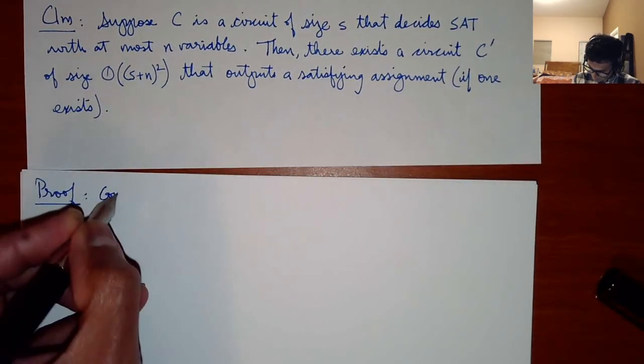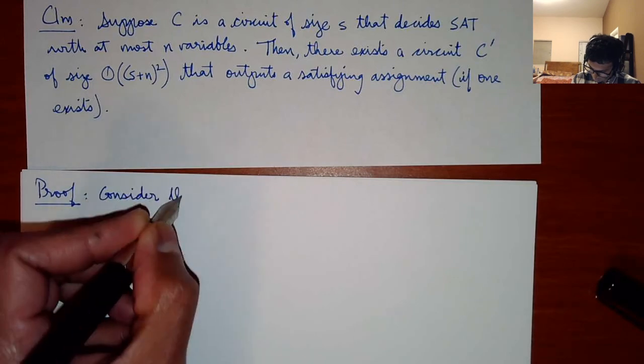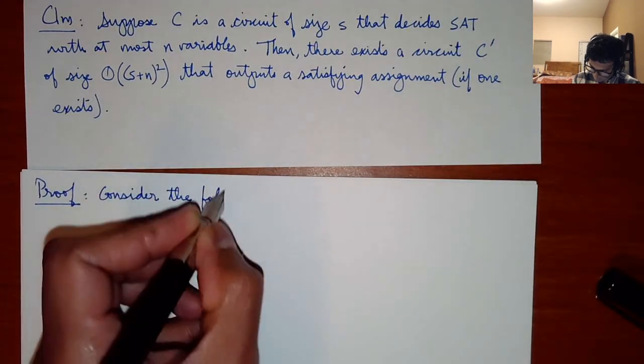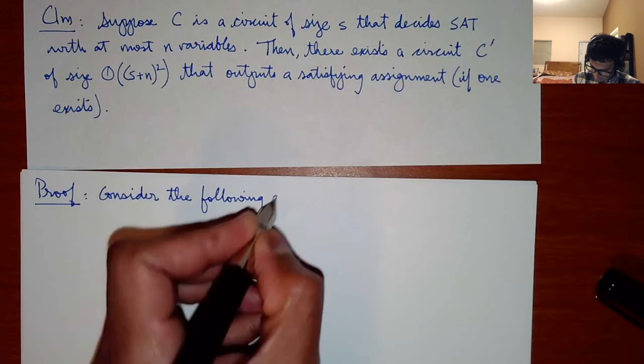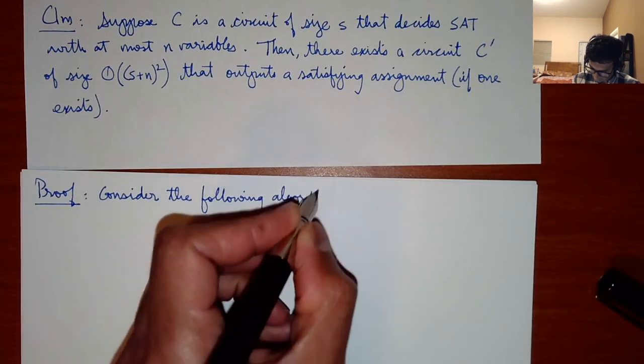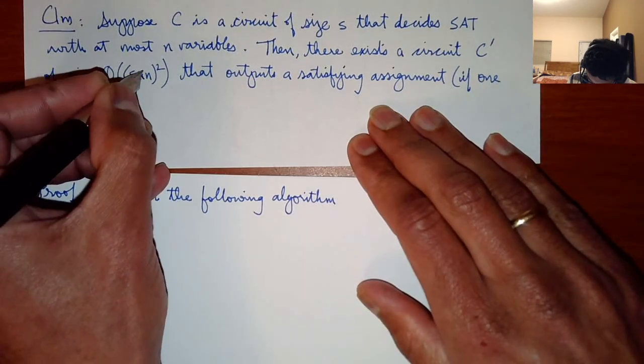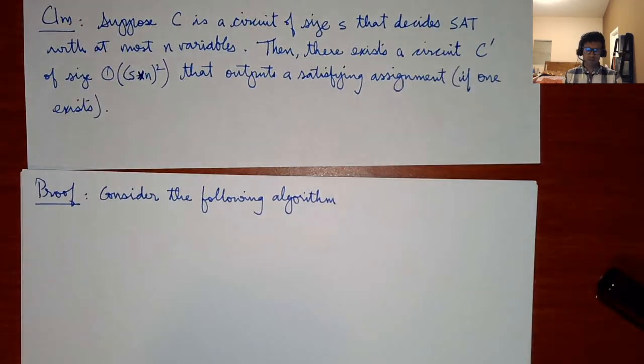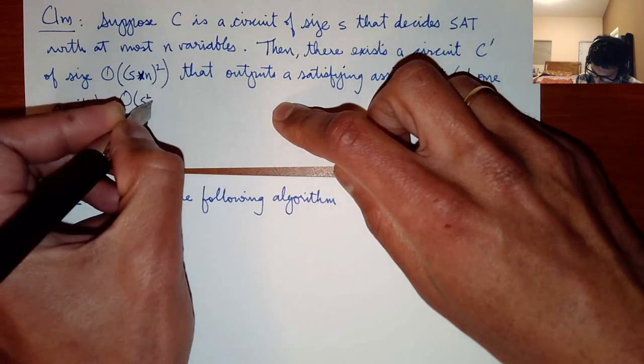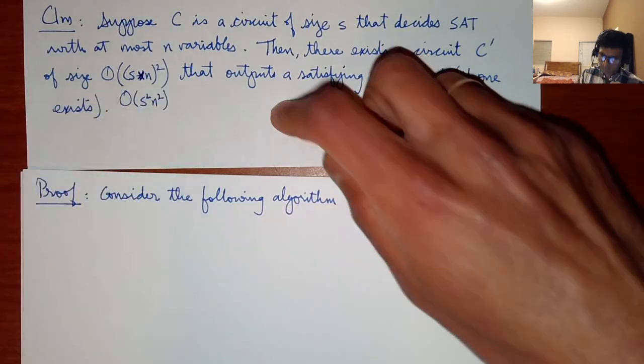So consider the following algorithm. Actually, it's S times n. But it doesn't matter, right? So it's O of S square n square. It's all polynomial.